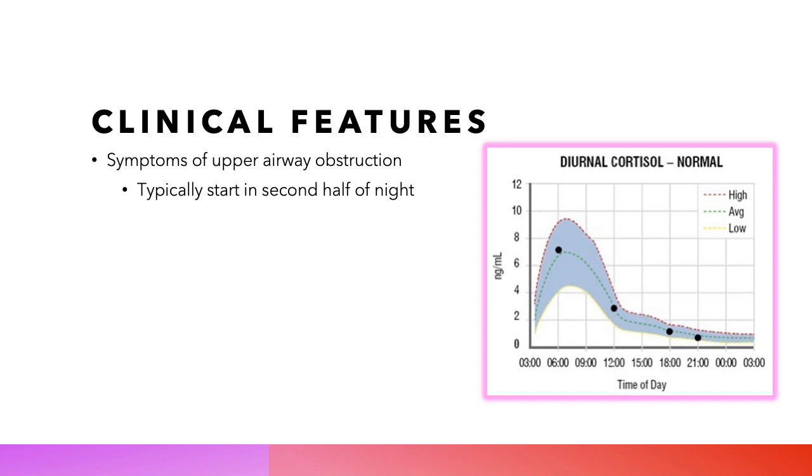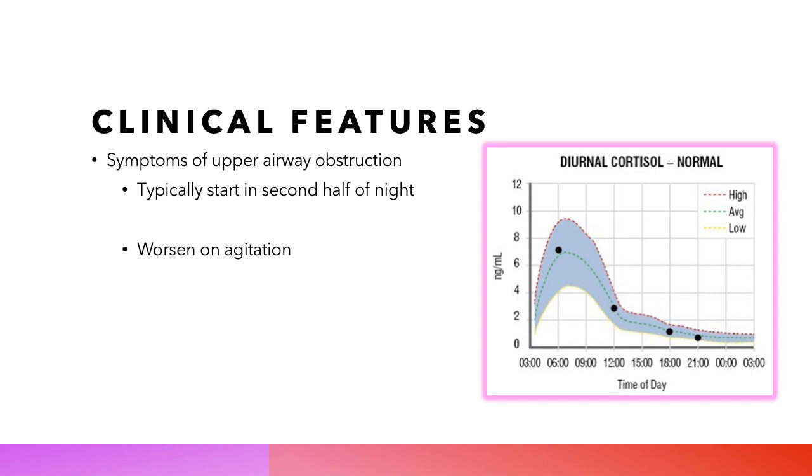So, it is between 12 o'clock and 3 o'clock in the night, when the corticosteroids are at their lowest level, that the symptoms of croup worsen and the child typically presents with croup symptoms in the second half of the night.